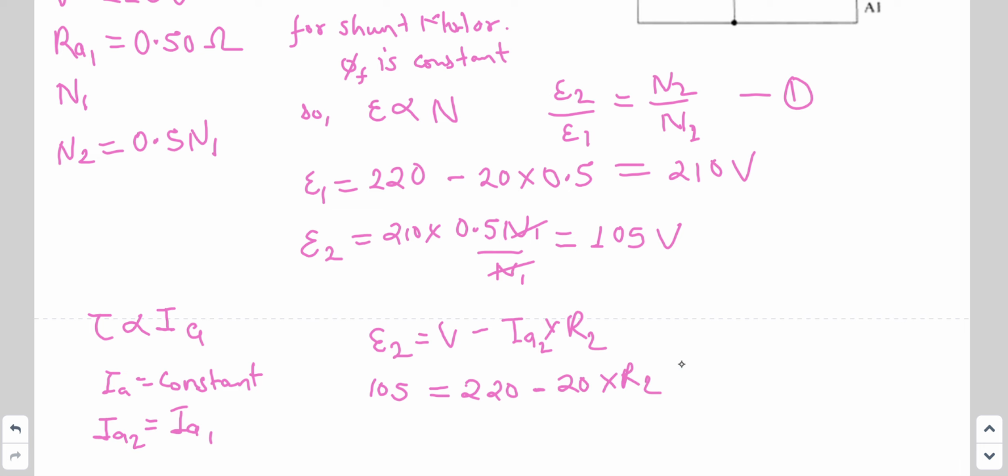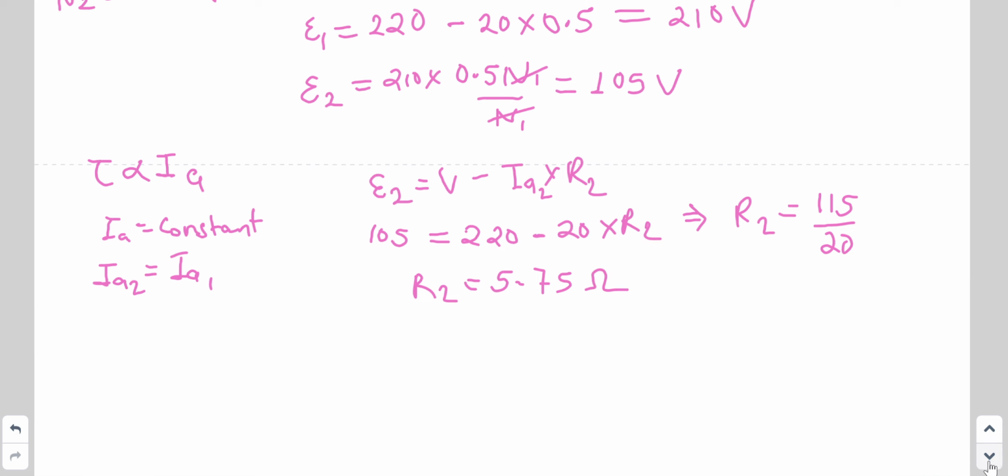So from here R2 will be equal to 220 minus 105, so it is 115, divided by 20, so R2 will be 5.75 ohm.